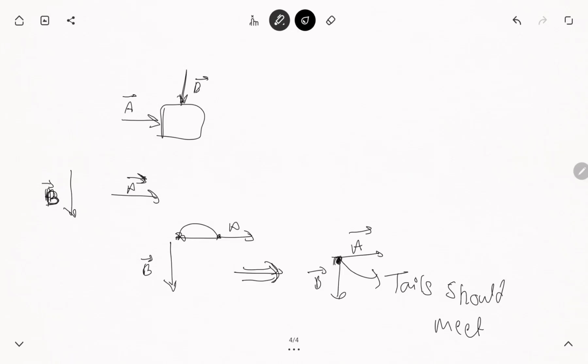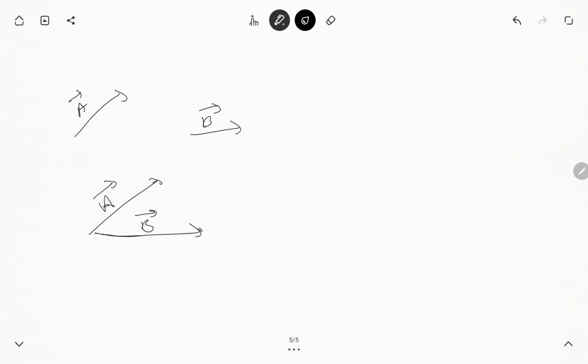Now that you've seen how vectors are joined and parallelly shifted, let's see the angle between the vectors and which angle to consider. Again, I have a vector A and a vector B. I'll shift them to get vector B like this and vector A like this. Now we have the tails merging, of course.